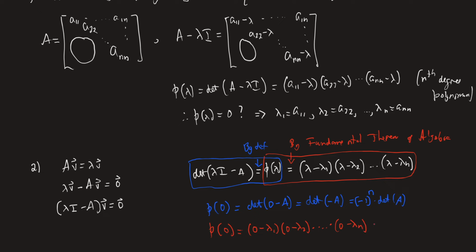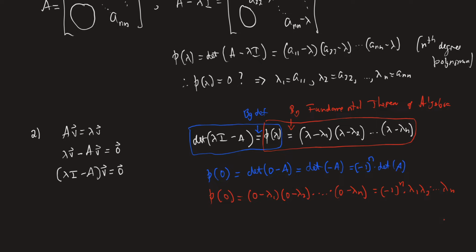And what happens is I'll have negative lambda 1 times negative lambda 2 times negative lambda n. Now, I don't know how many negative signs I have there, so I don't know if they cancel out or if they reduce down to -1. But what I do know is there are n of them, so it's going to be -1 to the nth power times lambda 1, lambda 2 times dot, dot, dot, lambda n.